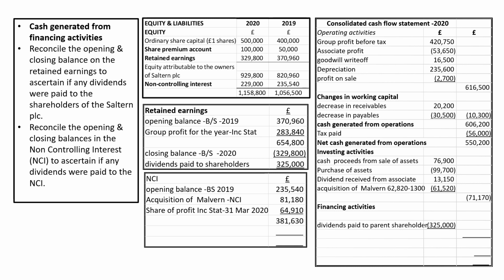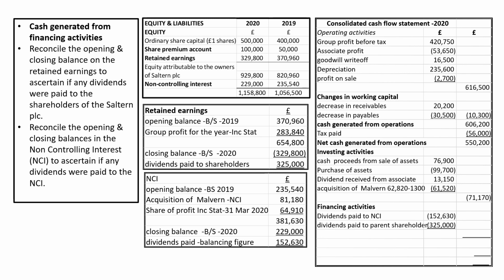We add them all up. That gives us 381,630. We then compare that with the closing balance taken from the balance sheet of 2020, which is 229,000. And that difference, if you like, represents the dividends paid to the non-controlling interest, which is 152,630. We can again insert this on the financing activities side of the consolidated cash flow statement.